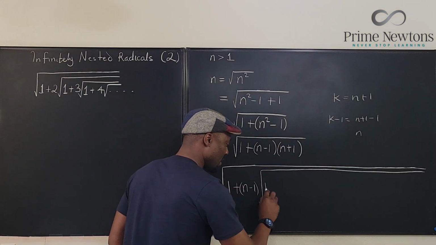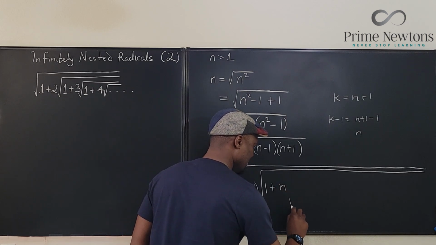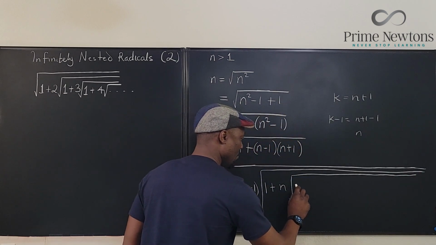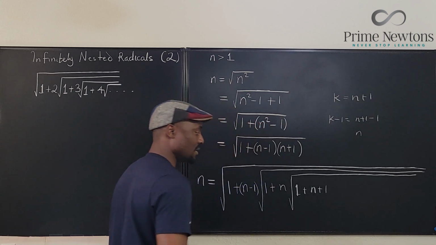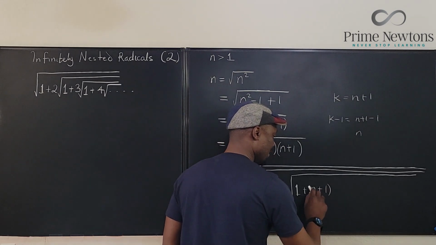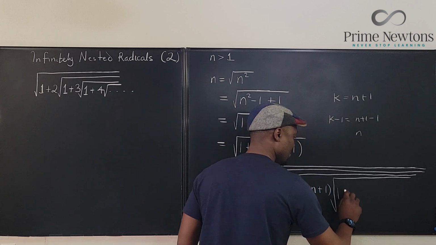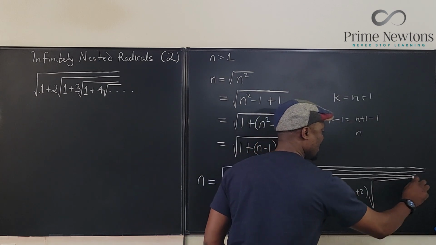So this is going to be 1 plus n times the radical of 1 plus n plus 1 times the radical of 1 plus n plus 2 times the radical, and I need to keep on going like that.